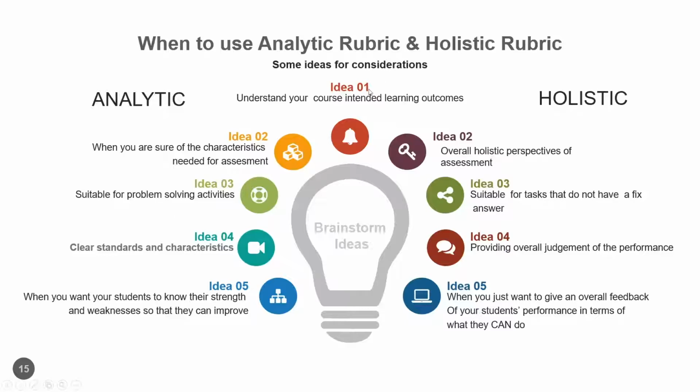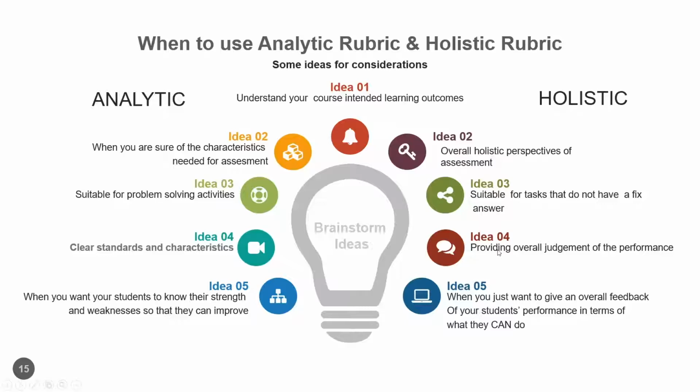When it comes to the holistic, as I mentioned, the word holistic means it's the holistic perspective of assessment. So there's no one fixed answer. So when you are giving a task that does not have a fixed answer, then having a holistic rubric would be better. And you are able to give them feedback, yeah, as you deem suitable.